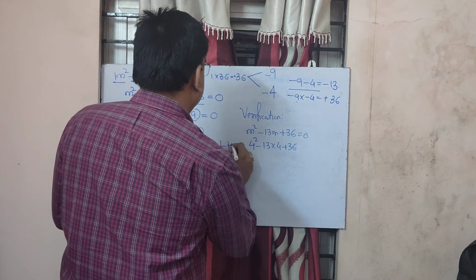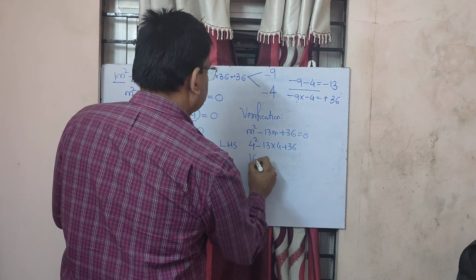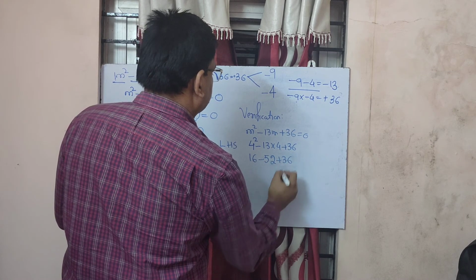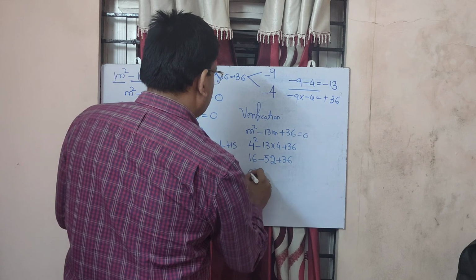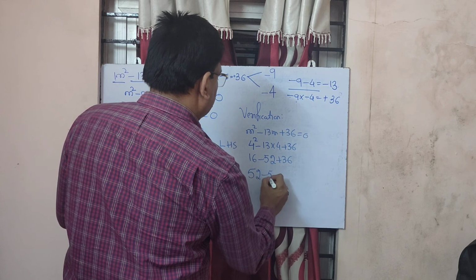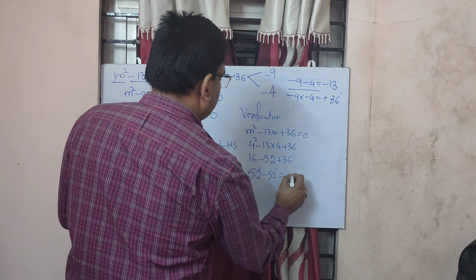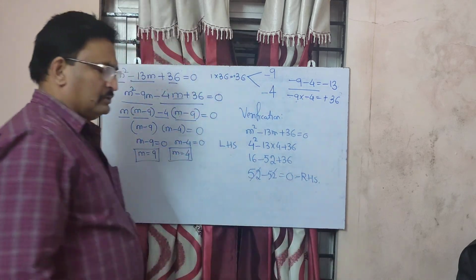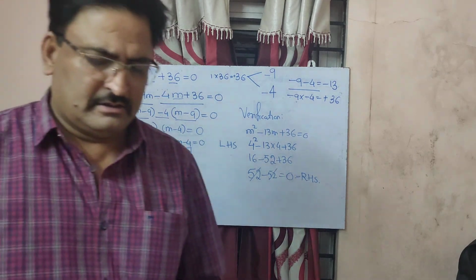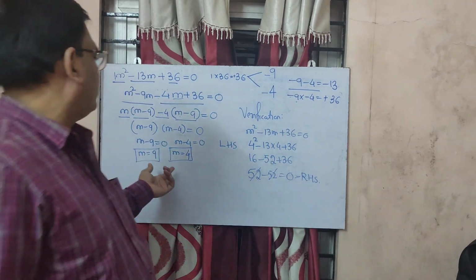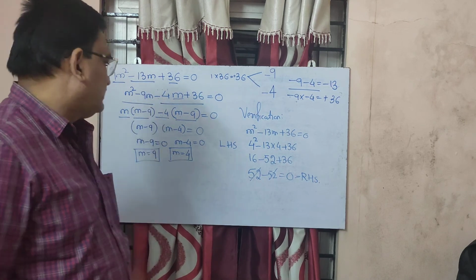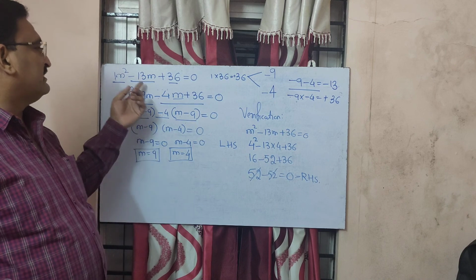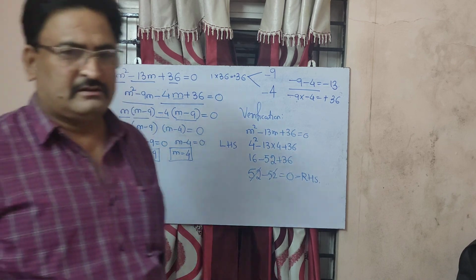This is the LHS. 4 square is 16, 13 4s are 52, plus 36. 36 plus 16 is 52, minus 52, 52 gets cancelled, so it remains 0. This is the RHS. So whatever we have done means that those numbers satisfy the given equation. It means they are the real roots of the given equation.